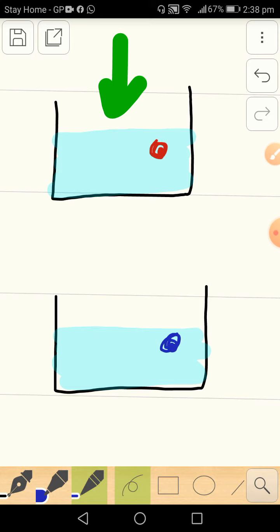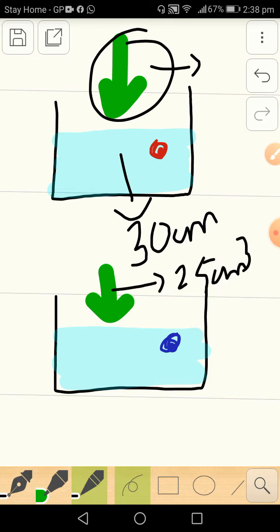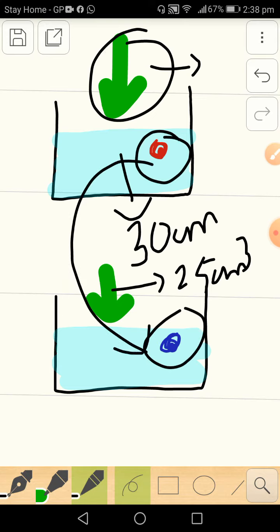For example, 30 cm cube of solution is present, and you are adding the green colored solution. After you have added 25 cm cube of the green colored solution, the color of the indicator has changed.